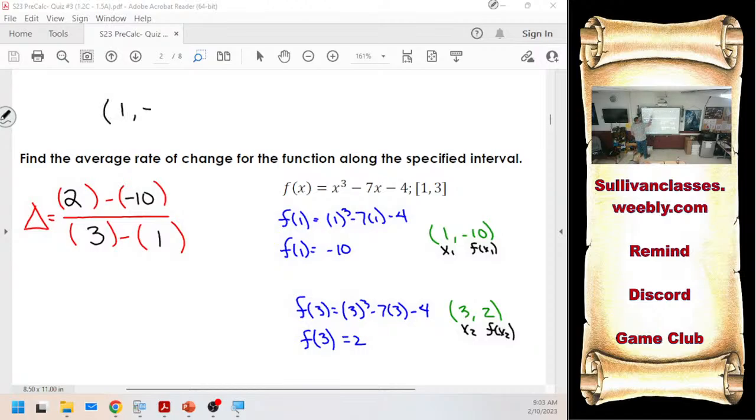In my Algebra 1 classes, we always said, like, no crossfire. Meaning, if I said 2 minus -10, I have to say 3 minus 1. So you're firing in the same direction.